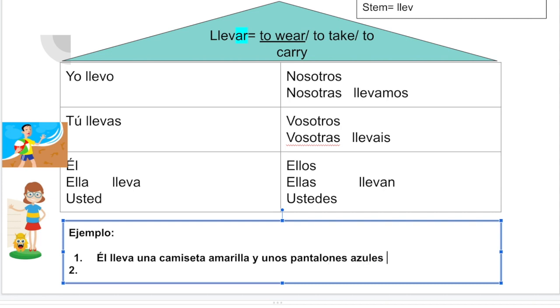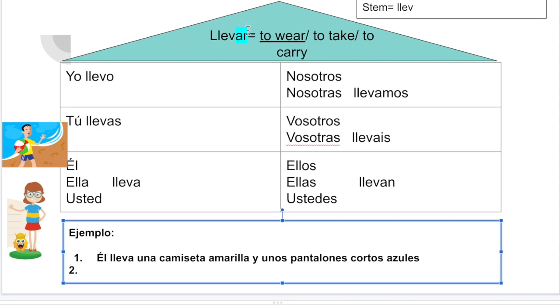Okay. He wears a yellow t-shirt and blue pants. Okay. Pantalones cortos. Make sure that it's short pants. Okay. Muy bien. Y I'm going to describe now what she is wearing.